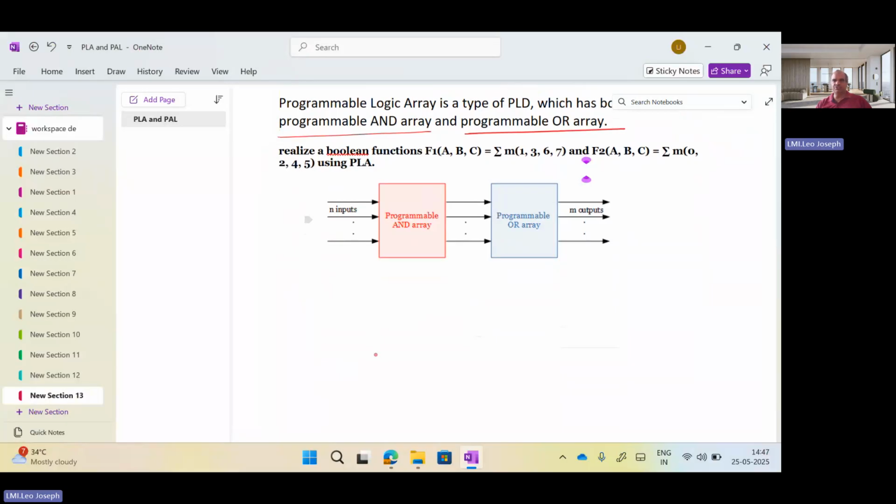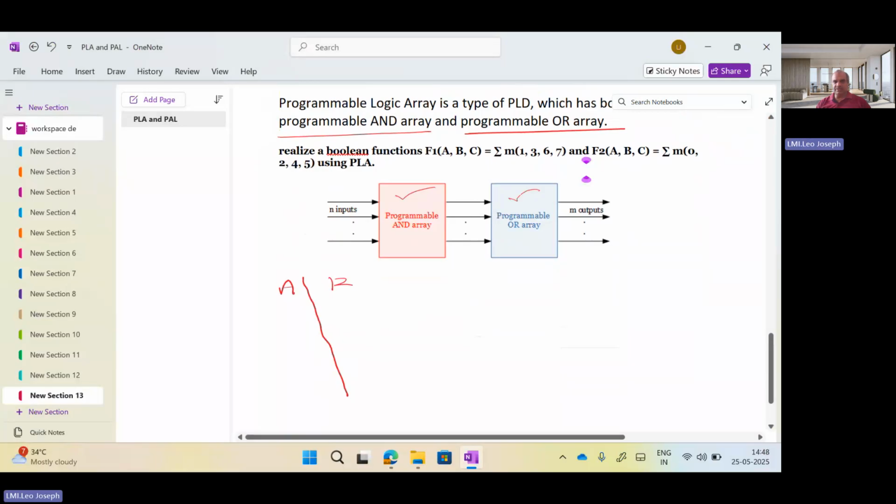Two functions only, F1 and F2, and three variables are involved, A, B, C. We know that in a programmable logic array we have to program both the AND gate as well as the OR gate. So first I am going to write the truth table of this logic.